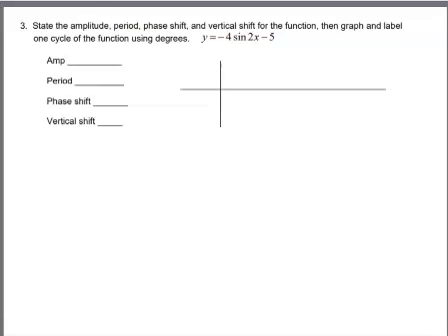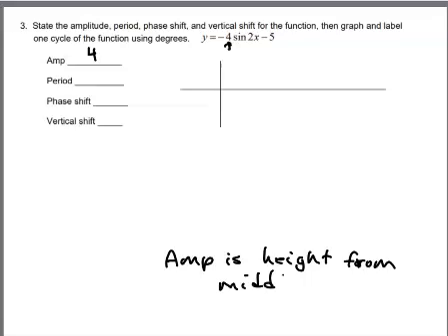So if I'm looking at number 3, we're going to fill out the left side first. The amplitude, remember, only sine and cosine have amplitude. So I am going to put down the positive amplitude, because amplitude is the height from the middle to the top or bottom.